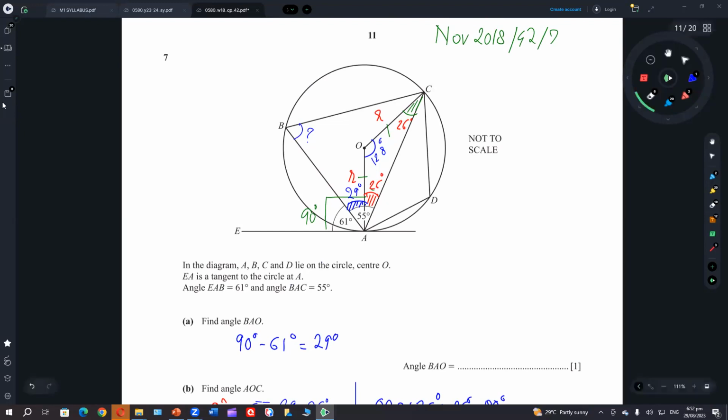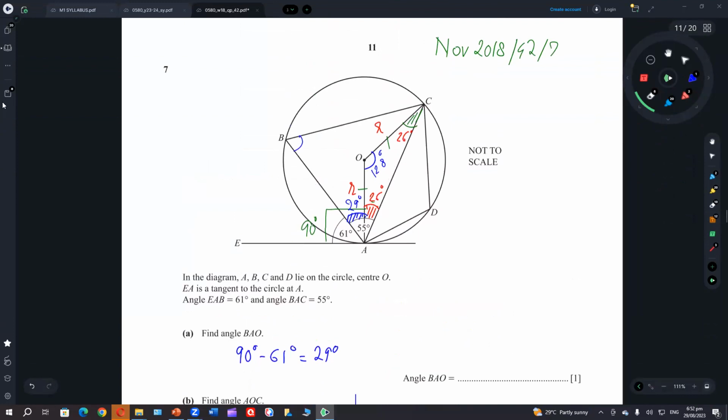CDA. We got 64 here. Now we are finding this angle, CDA. Will it be the opposite 64?